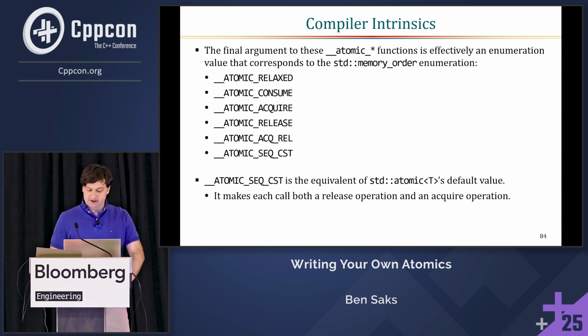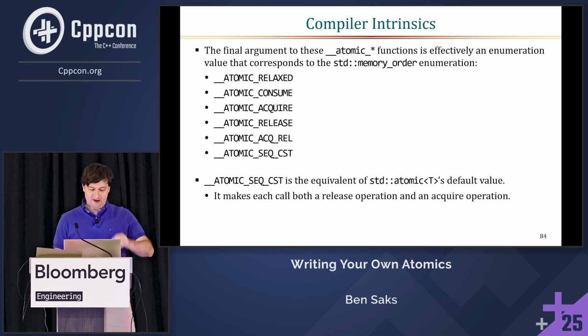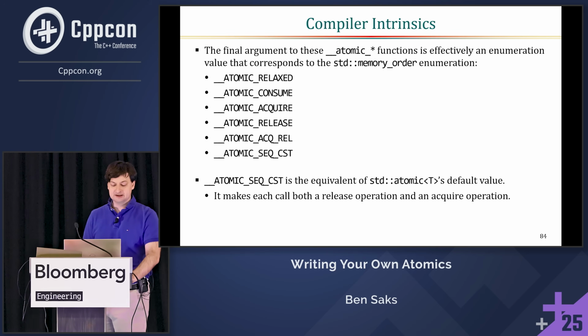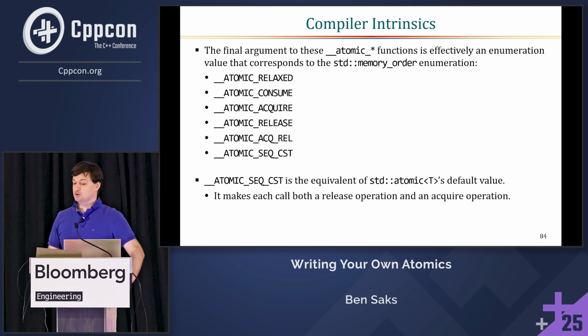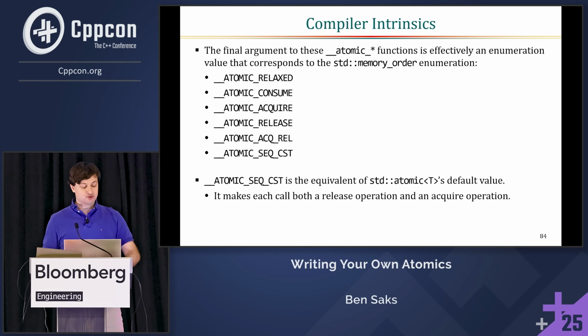That last argument there in both of those, the optype, is essentially an enumeration value that corresponds to the std::memory_order enumeration that you can find in the atomic header. These are macros that are, again, compiler intrinsics that correspond to the possible memory order values.